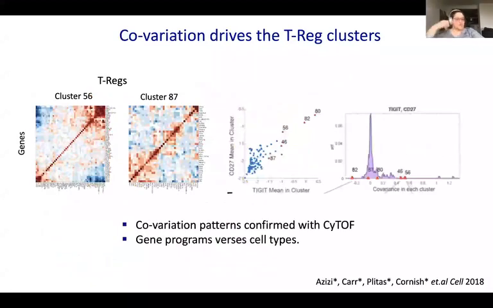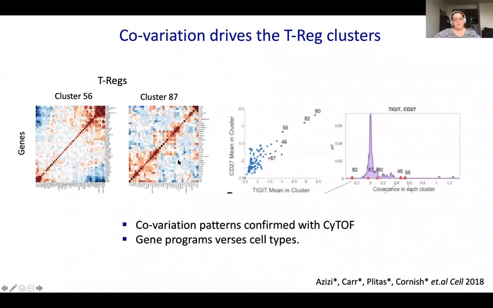One of the things that we see is that the covariation structure can really pick up some really clear biology that you would not pick up if you would look only at means. For example, here we have Tregs, and these Tregs have very similar mean expressions, but very different covariate structures.